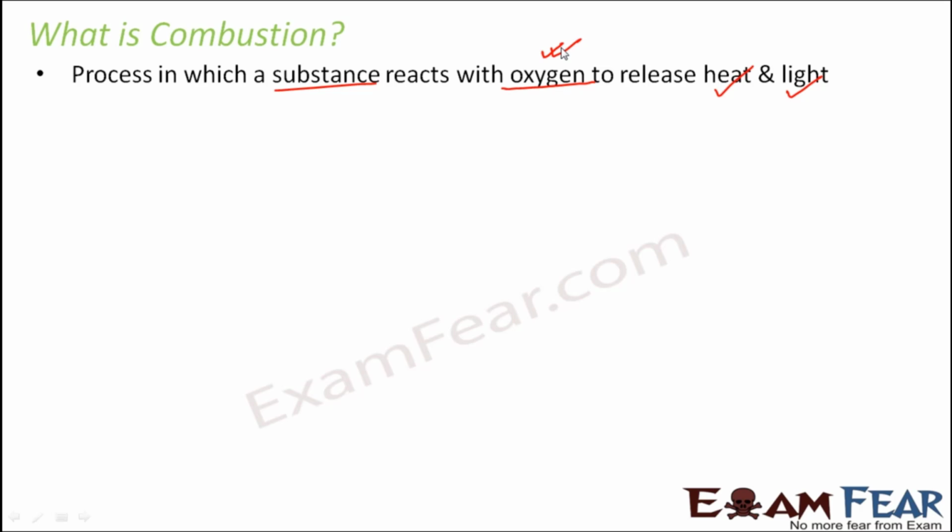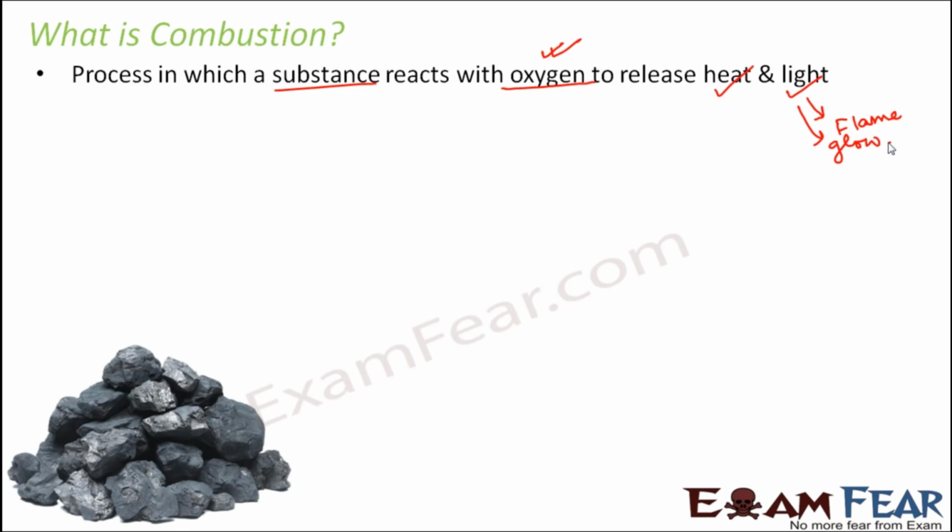Now when you talk about a release of heat and light, it is not necessary that light has to be released during combustion of all substances. Light may be released, light may not be released. If light is released, it can be in the form of a flame, or it can be in the form of a glow. For example, compare the process of combustion in a candle and coal.